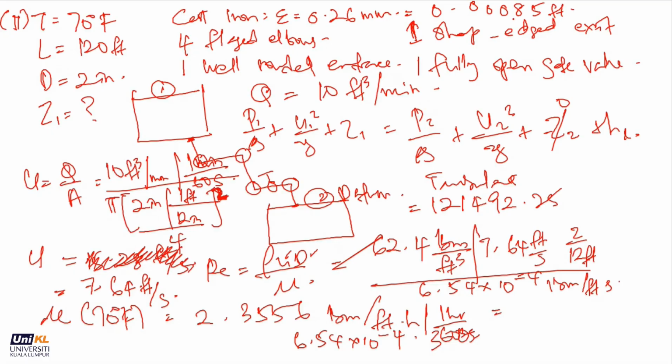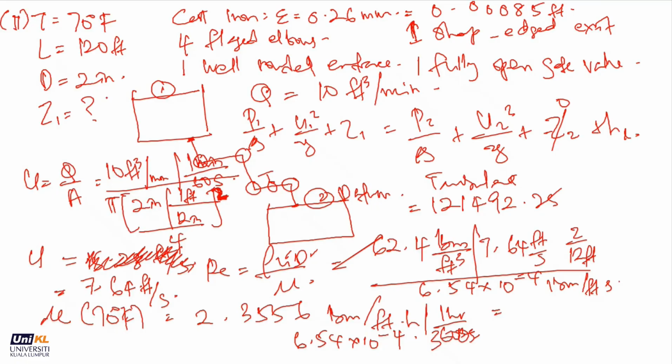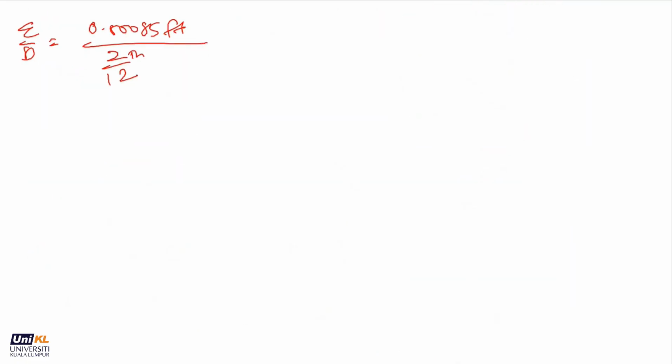So epsilon over D, epsilon 0.00085, so 5.1 times 10 to the negative 3.